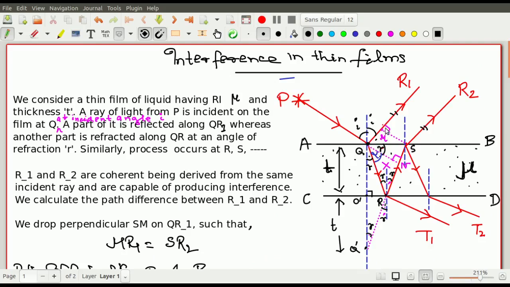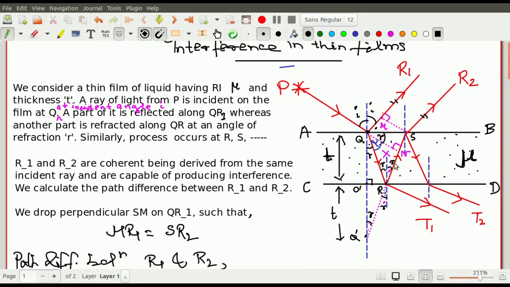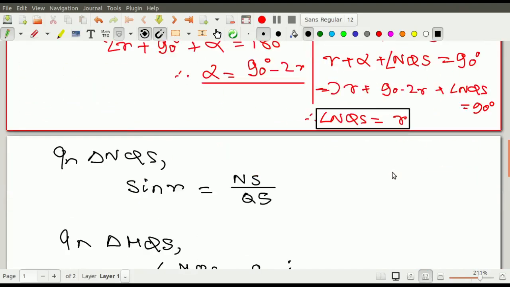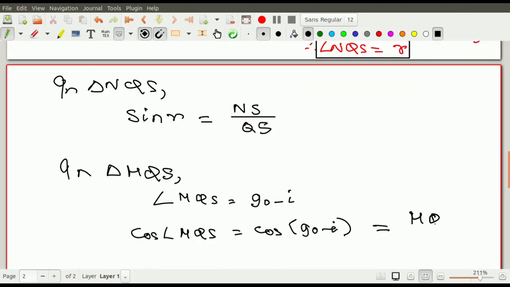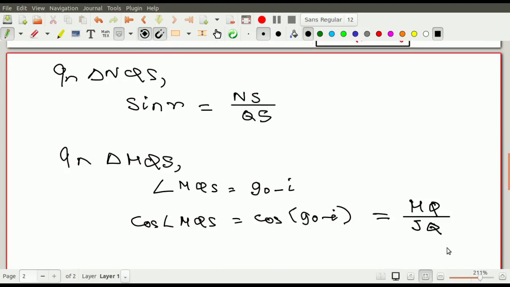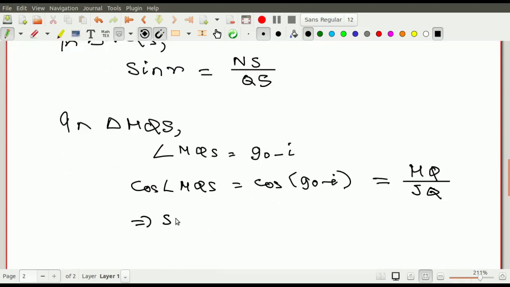So base is MQ and hypotenuse is SQ. Is it clear? This angle is 90 degree, so I need the cosine of this angle. Write it, MQ by SQ, and this one turns out to be sine of I. Sine of I is equal to MQ by SQ, right?